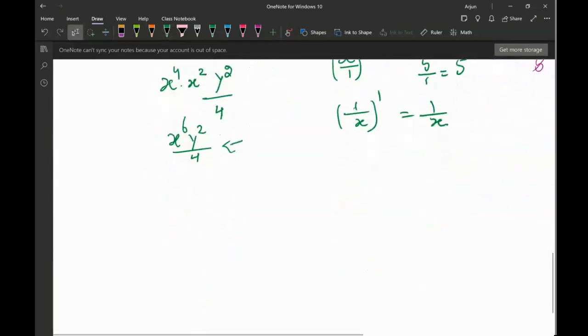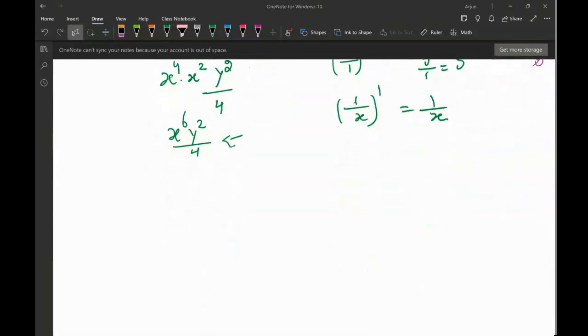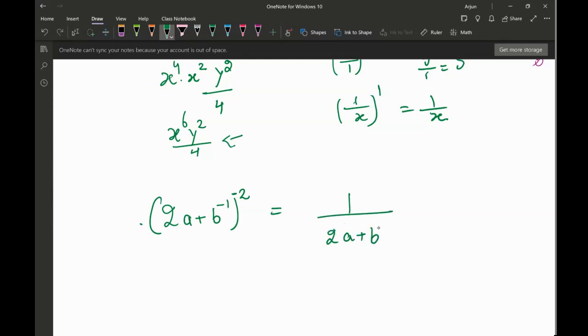Okay, let's look into a little more complicated problem. So the question looks like (2a plus b) raised to power negative 1, and then square outside. How to simplify this one, negative outside? So what I'm going to do is I will write it as 1 upon (2a plus b) to the negative 1, square.